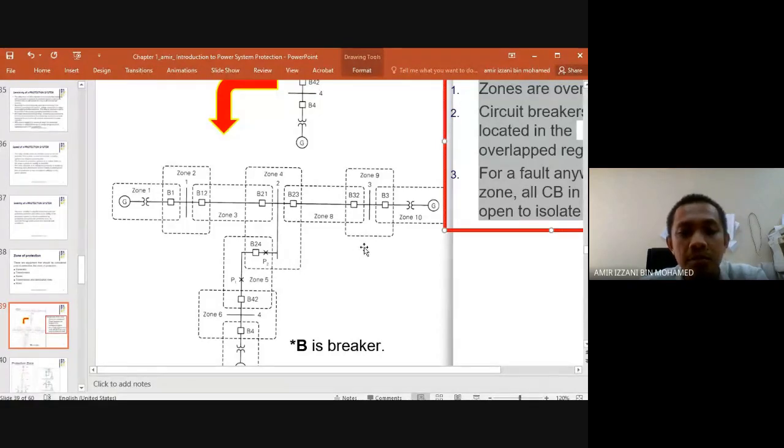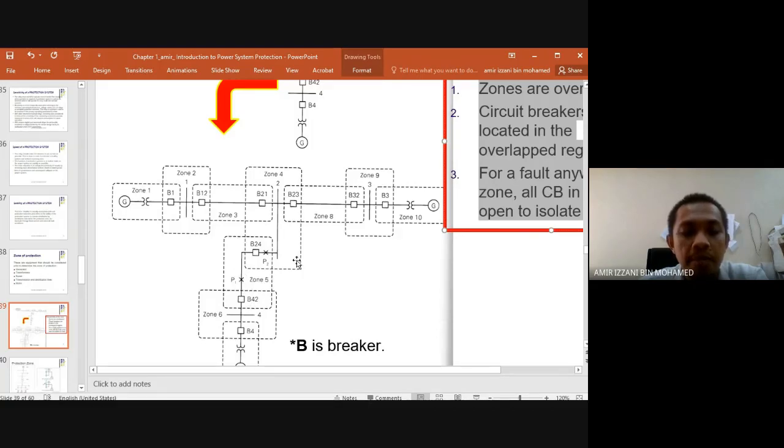So which CBs will be tripped? All circuit breakers in the region: this one B1, B21, then B23, and then B24. That's it. Because if B24 does not open to isolate the fault, the fault current can flow through here and will affect this transmission line, zone 5.